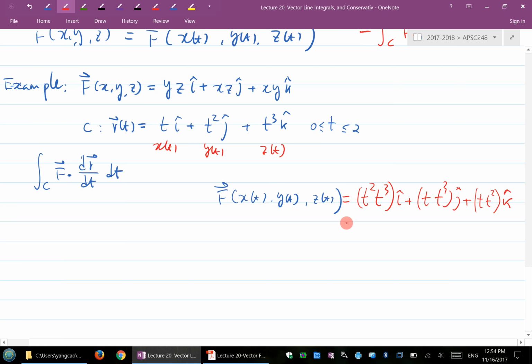So altogether you get t^5, t^4, and t cubed. Then you deal with dr over dt. So dr over dt, you get 1, 2t, 3t squared.